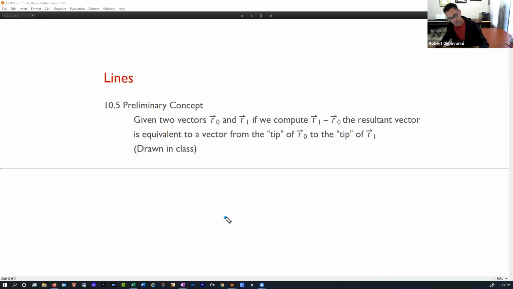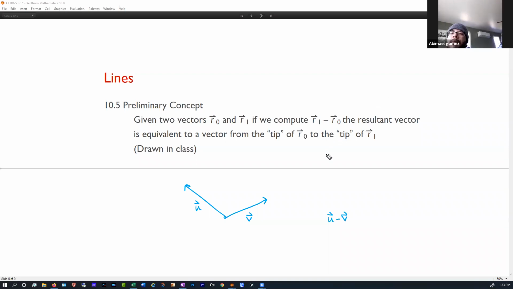Okay, if I do this vector u, and I do this vector v, then the vector u minus v should be a vector, who wants to tell me? A vector connecting the tip of what to the tip of what? U to V. U to V, right? Wait, hold on. I want u minus v, right?